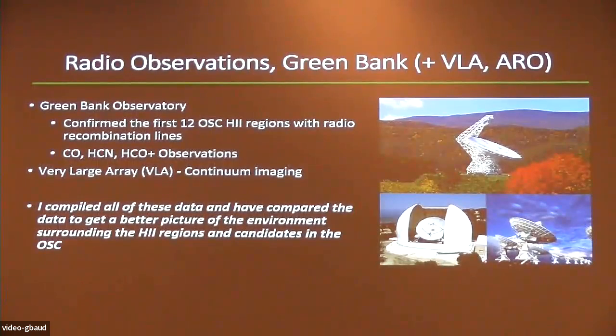We use radio recombination lines for that, because this kind of line always comes from ionized gas, and so we can also observe the molecular cloud present around the star, as I showed earlier on the schema. I compiled all of this data and compared it to get a better picture of the environment surrounding these HII regions in the Scutum-Centaurus spiral arm.